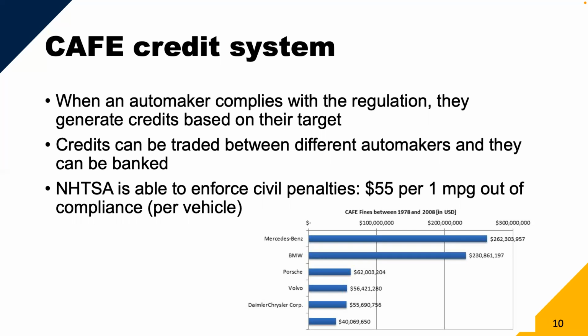I can get some excess credits, and I can take that and sell them to another automaker. Let's say some automaker only got to 29 MPG. Then they can buy those credits from me and use those to fulfill the regulation. Or I can say, hey, I don't think I'm going to make it next year, so I'm going to bank these credits for now and use them later.